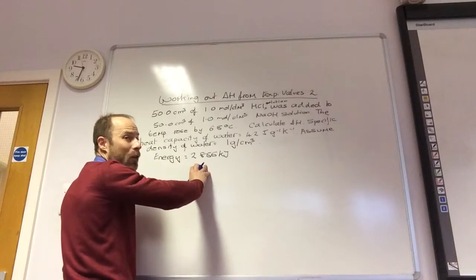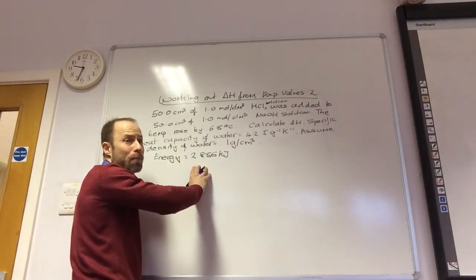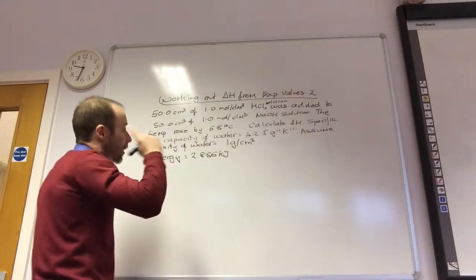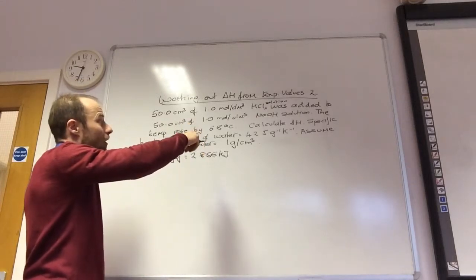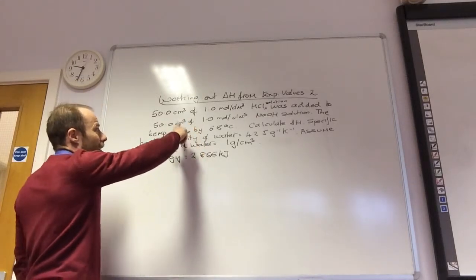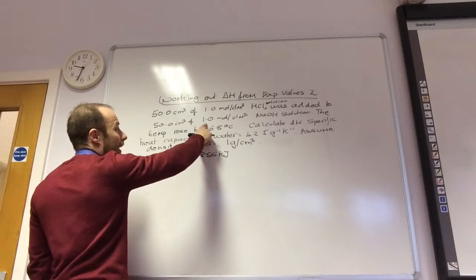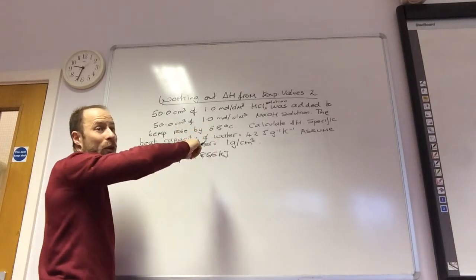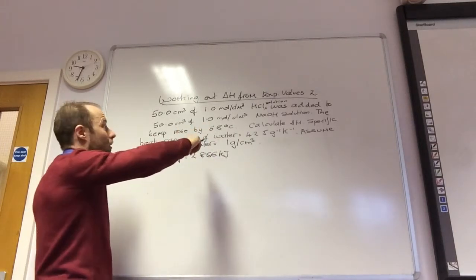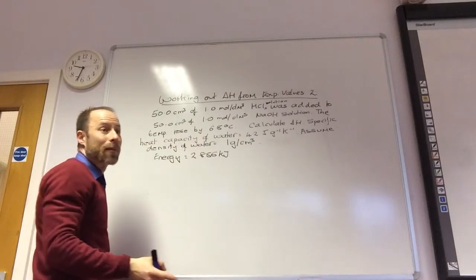What do I now need to work out? The number of moles of reactant. So if you think about it, I've got two things. I can use either HCl or I can use NaOH. Does it matter which one I use? It's going to give me the same number, isn't it?